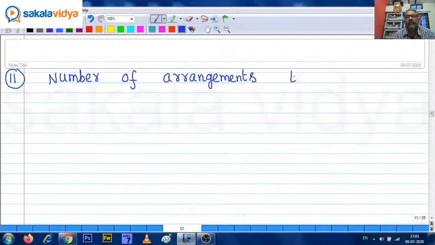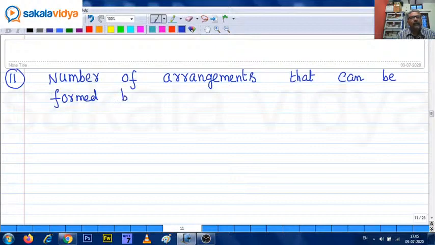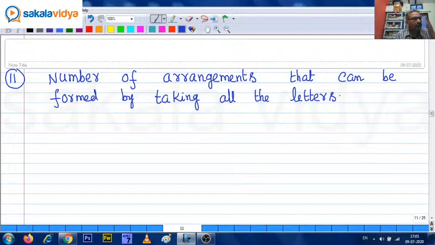Number of arrangements that can be formed by taking all the letters of the word TENALI. You can take any word, but without repetition.